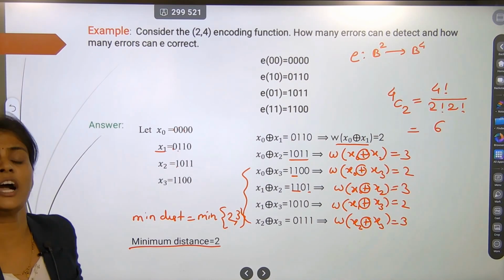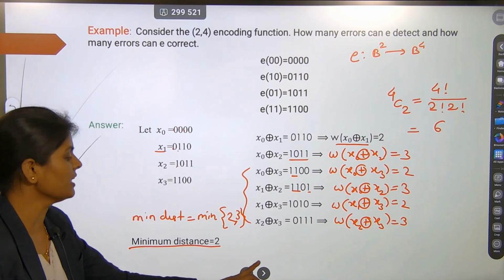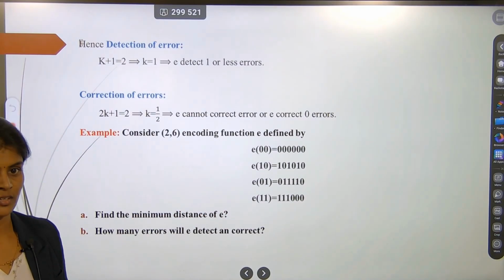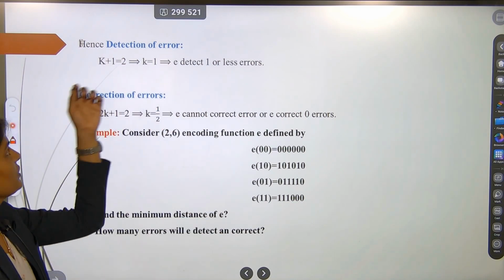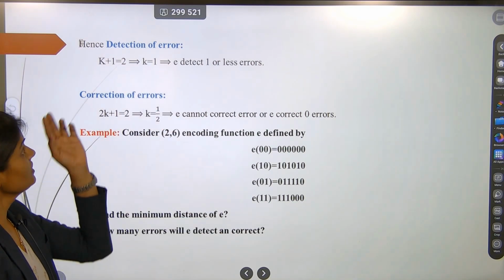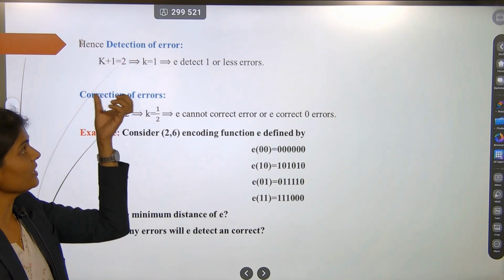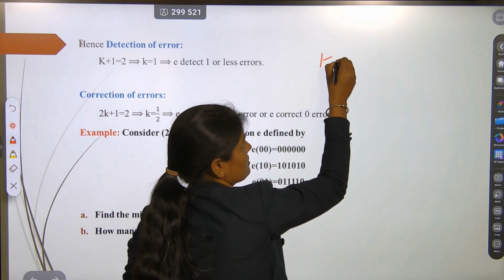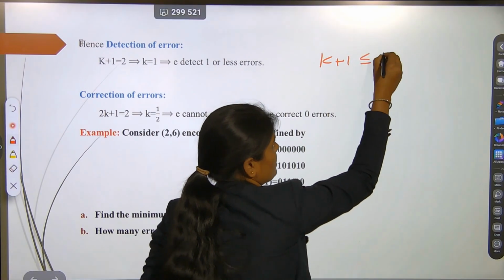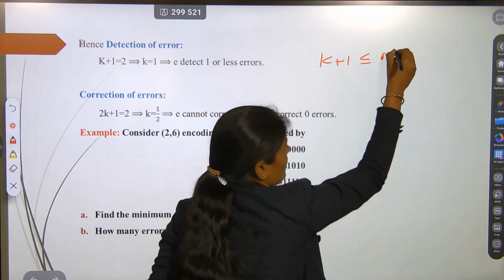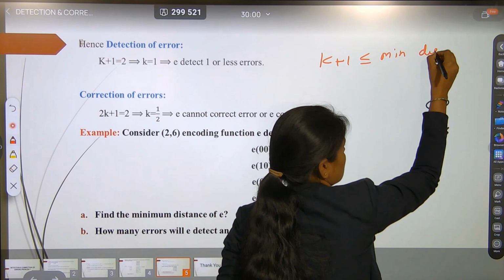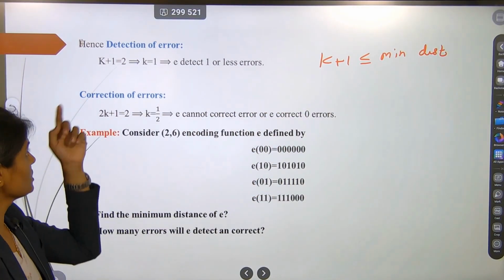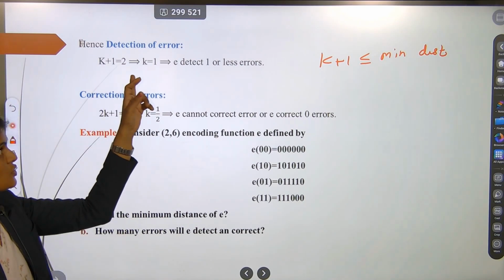The next step is to find how many errors E can detect and how many errors E can correct. From the previous theorem, the first theorem tells us about detection of errors. How many errors can E detect? Clearly E detects k or fewer errors, if the minimum distance equals k plus 1. For the sake of convenience we take an equality sign, so k plus 1 equals 2.